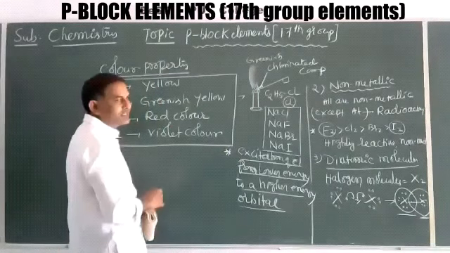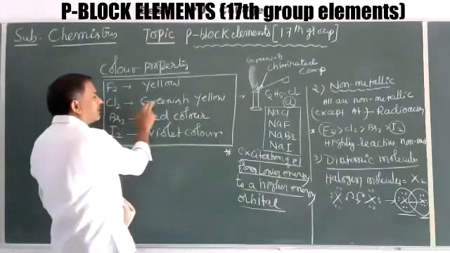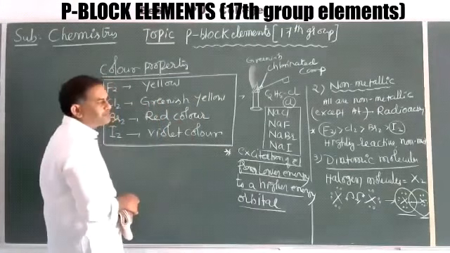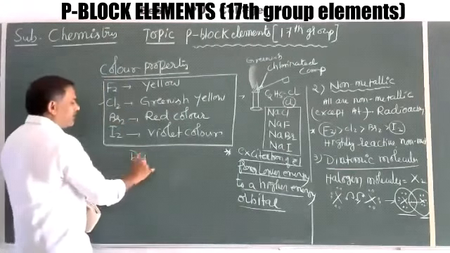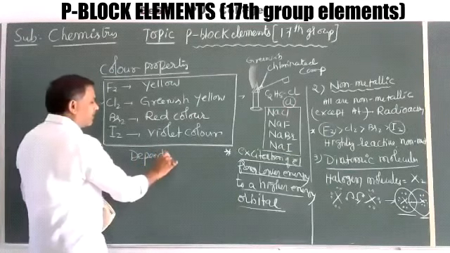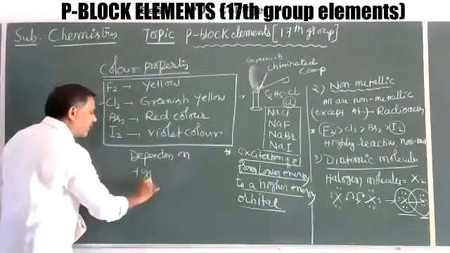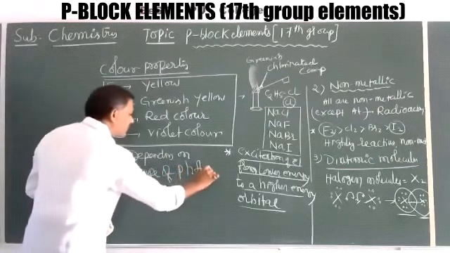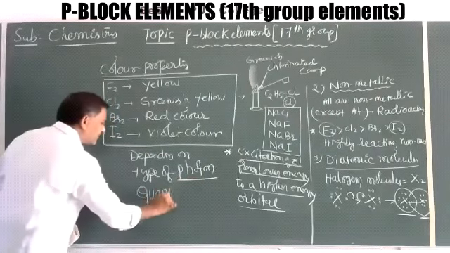How does it excite? Fluorine or chlorine or bromine or iodine, whenever exposed to the atmospheric air, depending on the type of photon. What is a photon? The type of photon is called a quanta.